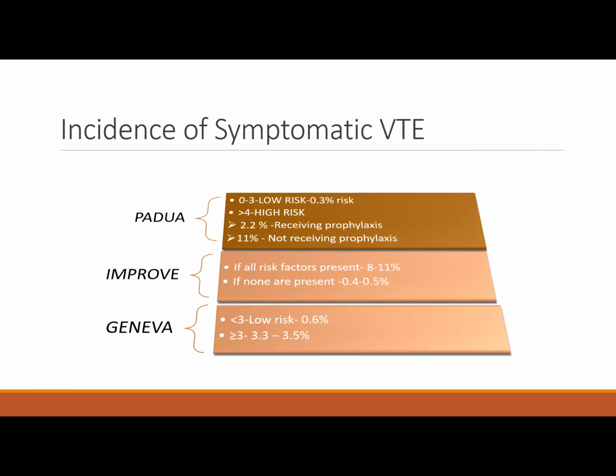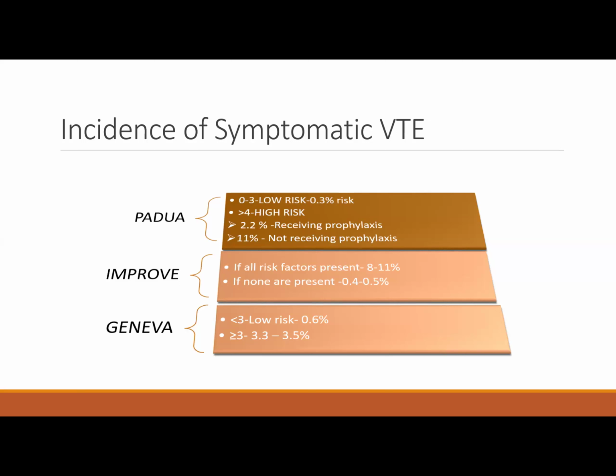According to the Padua score, 0 to 3 is low risk, where the incidence of symptomatic VTE is 0.3%, whereas a score of more than 4 is considered high risk, and in them 2.2% developed symptomatic VTE despite thromboprophylaxis, and 11% of them develop symptomatic VTE if not receiving thromboprophylaxis.